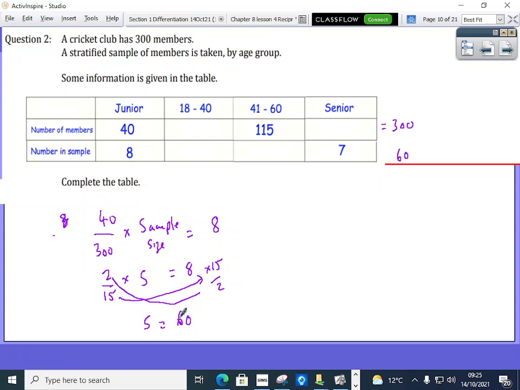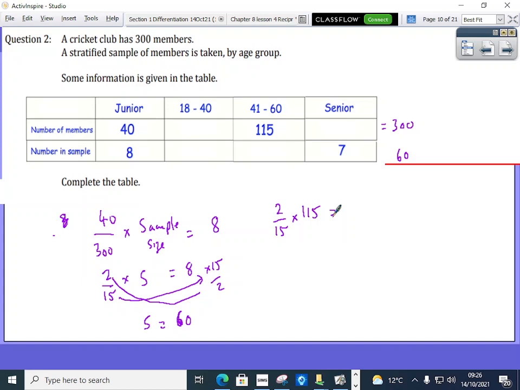That's the first thing to remember. Now my sample size is 60, there's 300, so now I can easily work out what's going on here. Now first of all, I can do this one.